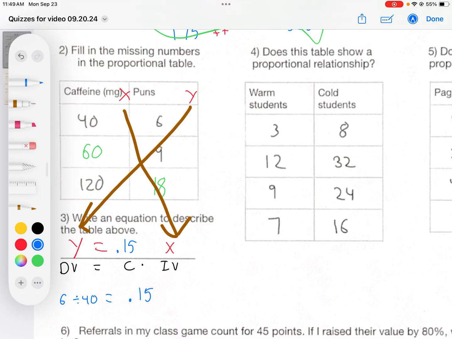So 8 over 3, 8 divided by 3 is 2.6 repeating. 32 divided by 12 is 2.6 repeating. 24 divided by 9 is also 2.6 repeating. But then 16 divided by 7 is actually about 2.3. We do not have the same number the whole way through. Therefore, our answer is no. We don't have a constant, so we don't have a proportional relationship.